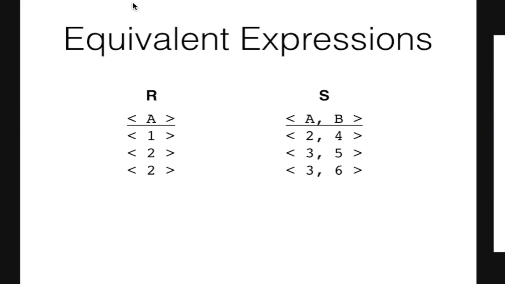What if I project down to just the attribute A? So is the expression R equivalent to the projection of A on the expression S? No. Well, not for this data, but at least we're a little bit closer. We have the same exact schema. So the projection of A gives us something with the same schema. So at least it's a little closer to being equivalent.